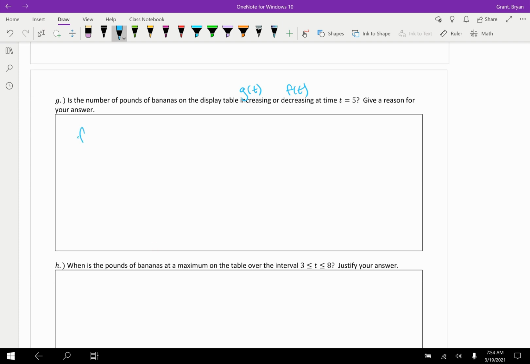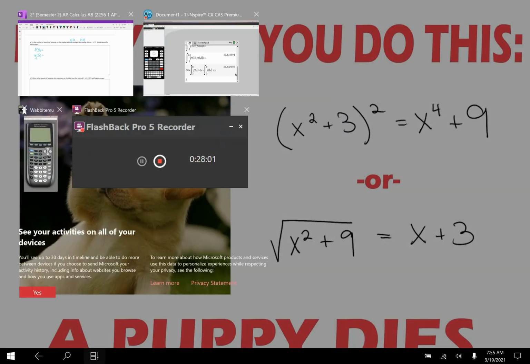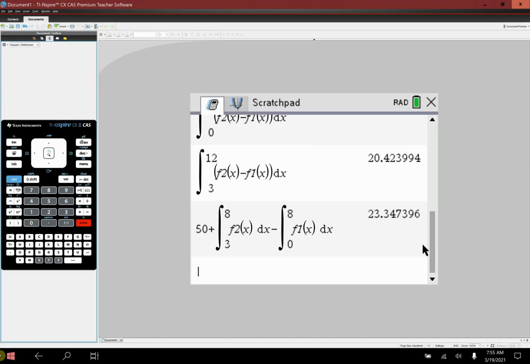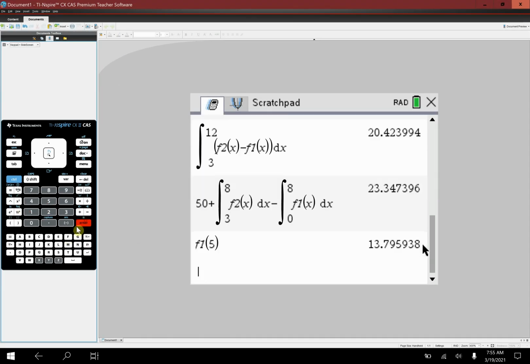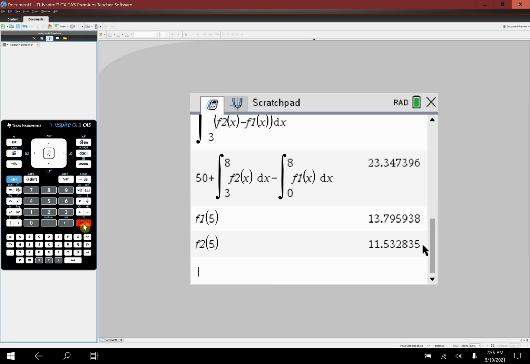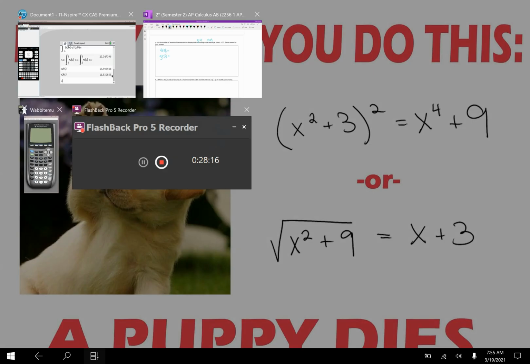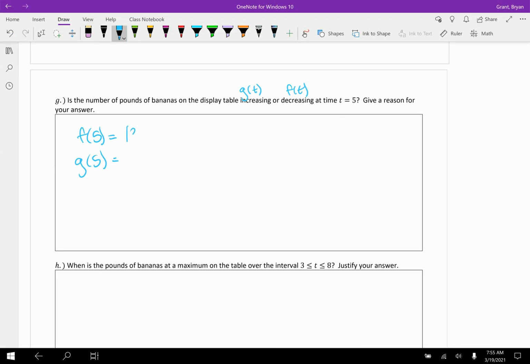So I really like to just compare the rates at those two times, f of 5 and g of 5. So we have f1 of 5 and f2 of 5. 13.795, and I'll have to go back for the second one. My memory's not that good.